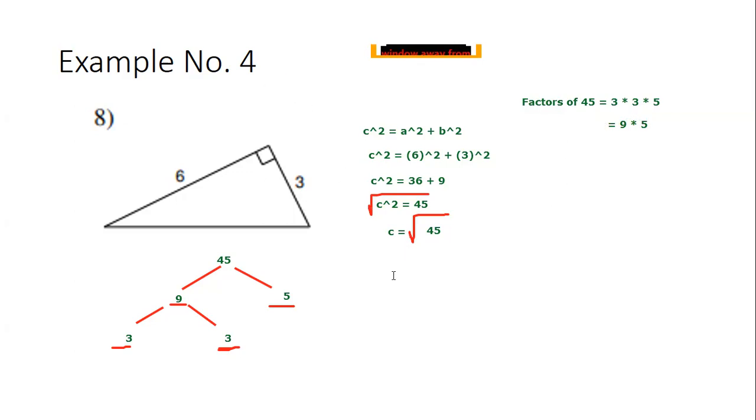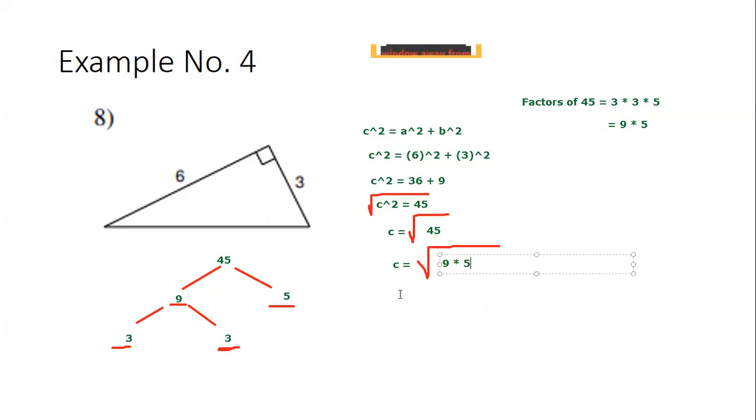Let's go back to our equation here. c is equal to the square root of 45, which is equal to what? The factors of 45 are 9 and 5, so this is the square root of 9 multiplied by 5.